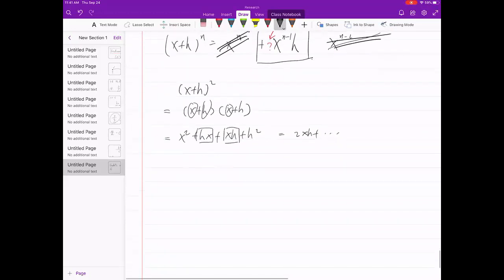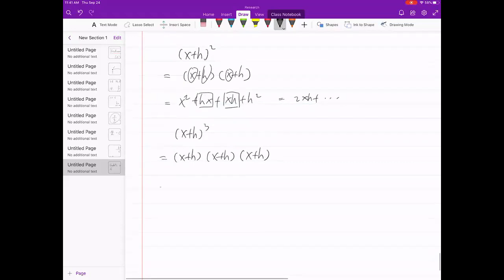How do you do it for cube? How do you FOIL it out? Well, you take an x, you take an x, you take an x. That's how you got x cubed. Right? Then you take an h, you take an x, you take an x. That's how you get hx squared. All right?